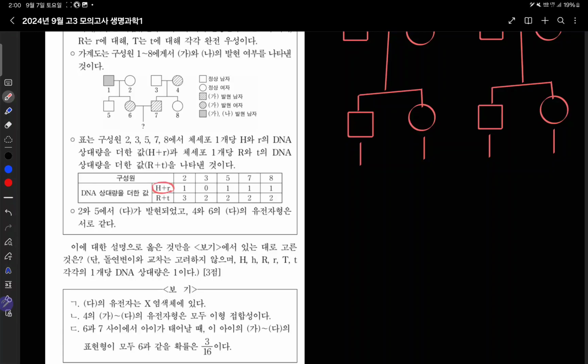The sum of the capital H allele and lowercase r allele, and the sum of capital R and lowercase t allele is known. Individuals number 2 and 5 have the third trait, and individuals number 4 and 6 have the same genotype for the third trait.